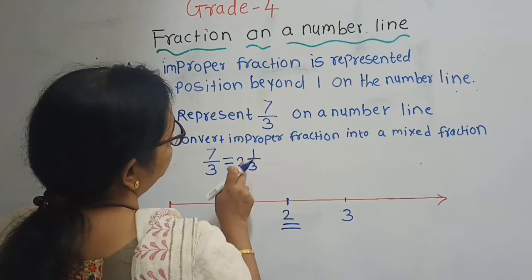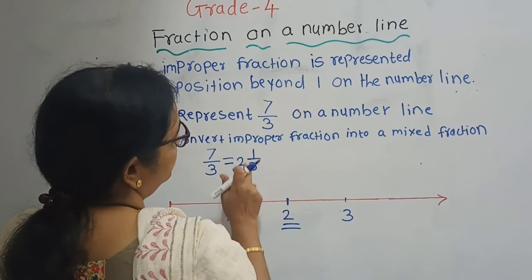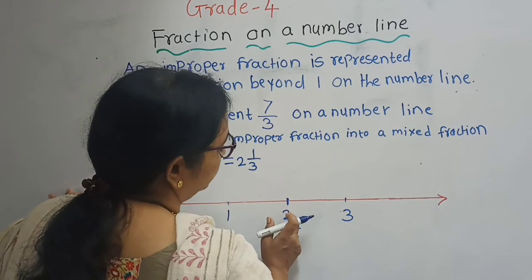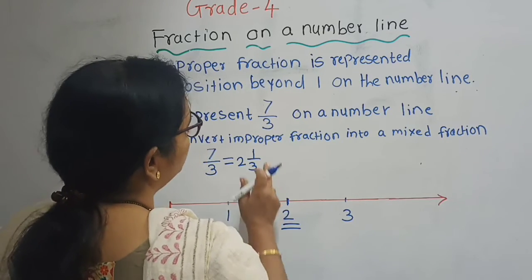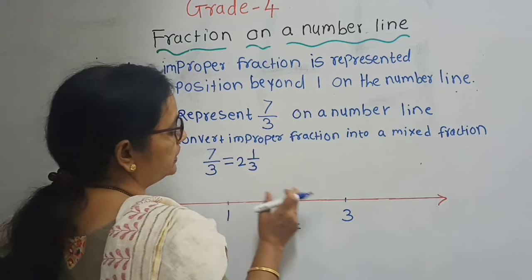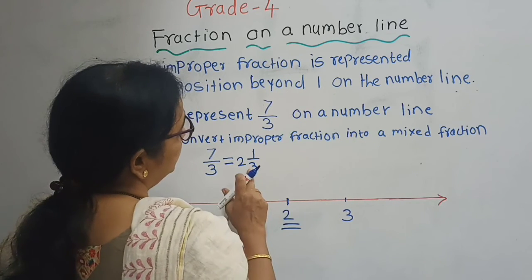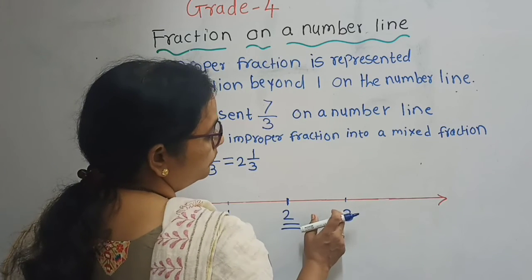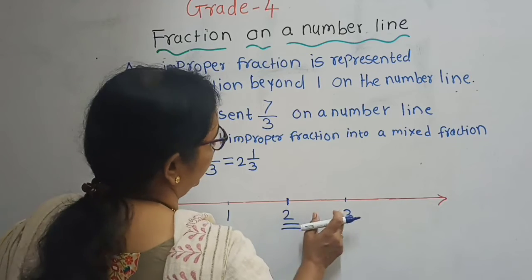Okay, now we got the whole number. Now the fraction 1/3. We have to show 1/3 in between 2 and 3, because after 2 we have to show the 1/3 fraction. Here the denominator is 3, so we have to make 3 parts in between 2 and 3.